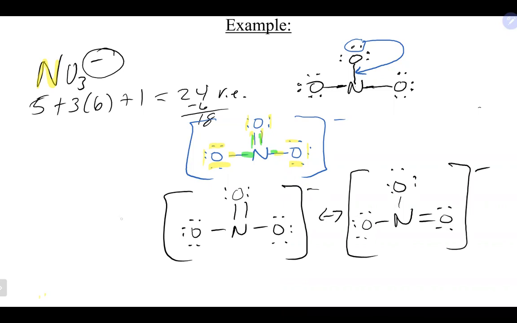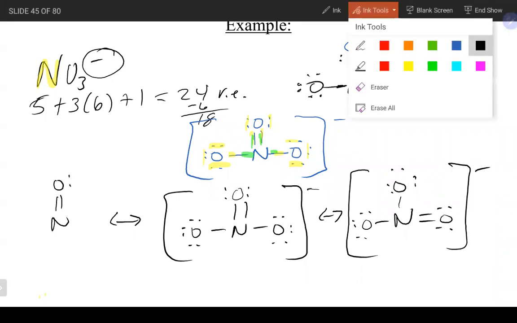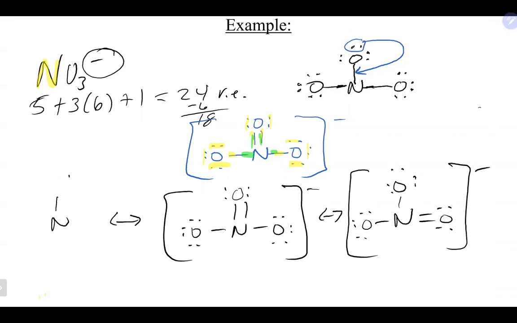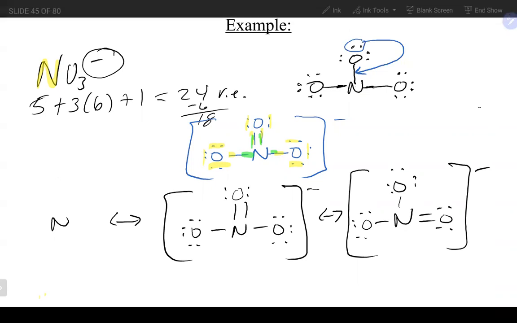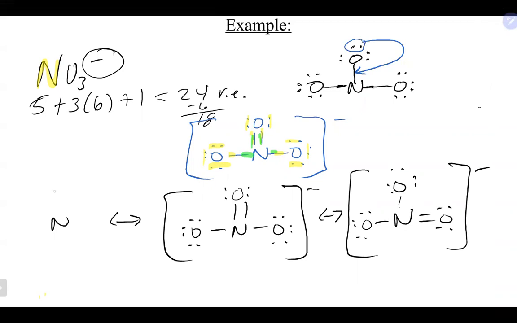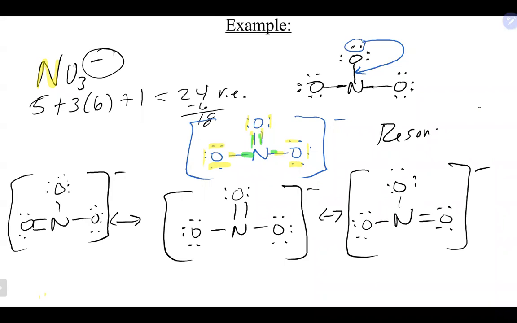Or you could have double bonded it there to the left, which would look something like this. All these structures are actually related to each other. They're all what are known as resonance structures.